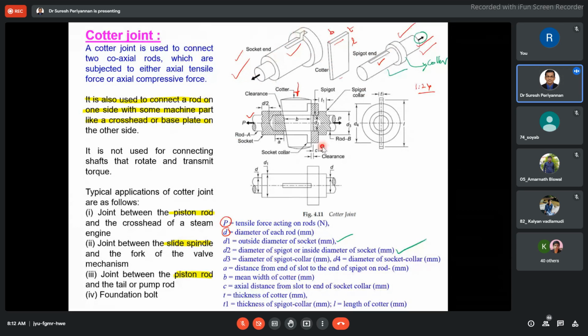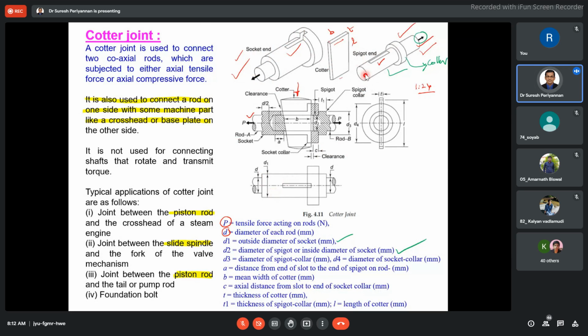Here d1 is the outer socket diameter, clearly given. And d2 is the outside diameter of the spigot.